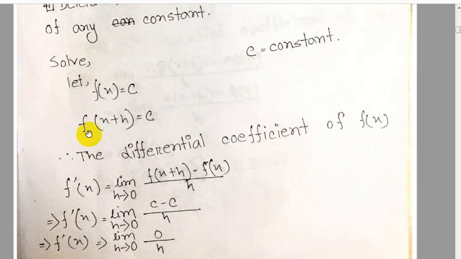Here this problem is solved to determine the differential coefficient of any constant. Okay, so let us look at how we can solve this problem. At first we define the function f of x equals c, where c is a constant. Here we want to determine the differential coefficient of any constant.